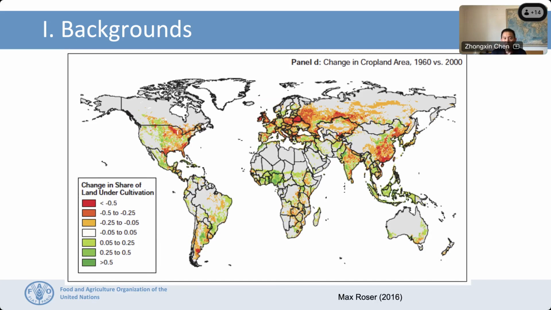That's a huge amount. It's virtually any piece of land, if it's not too dry, if it's not too cold, if it's not covered by the rainforest, virtually most of it is used by agriculture.